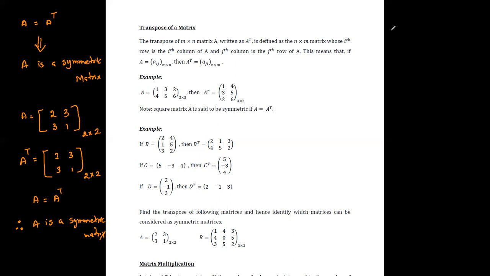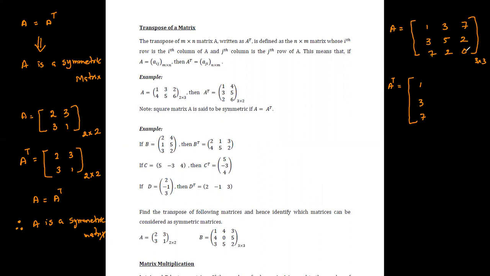And if I consider another example for the symmetricity of matrices, here I will take 1, 3, 7, 3, 5, 2, 7, 2 and 0. This is a 3 by 3 matrix, and if I consider the transpose of this matrix, then what we get is the first row becomes the first column, that is 1, 3 and 7, because in the first row we have 3 elements: 1, 3 and 7.